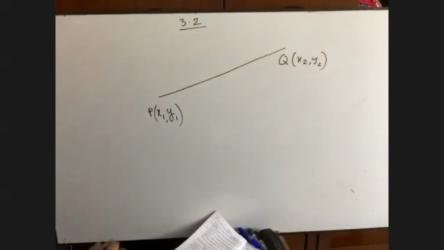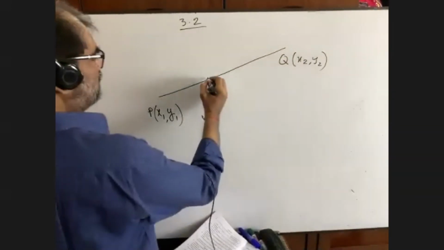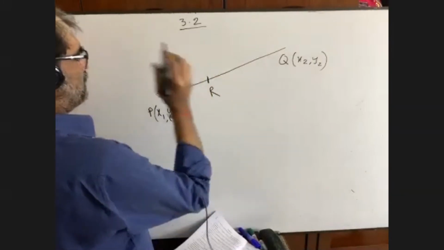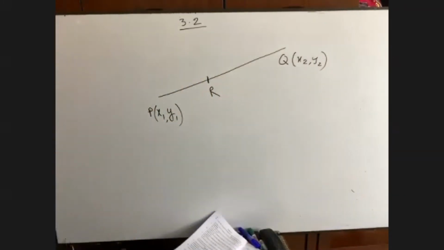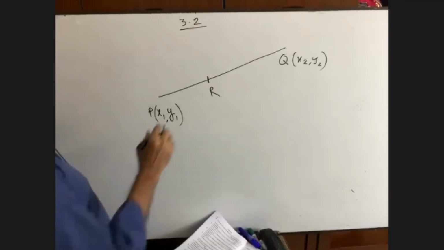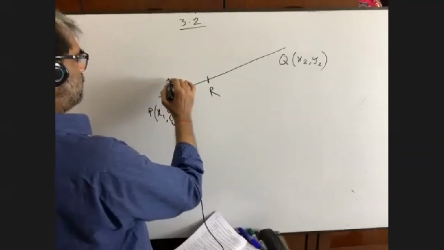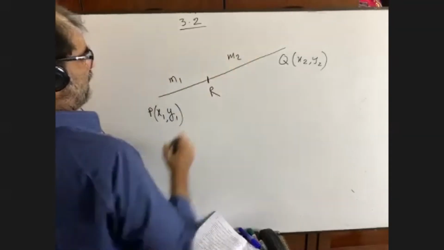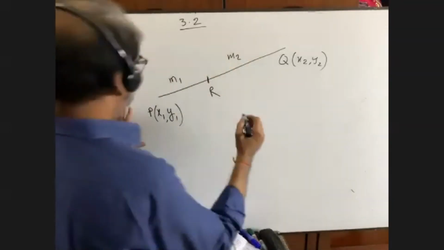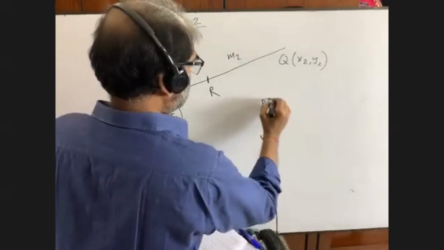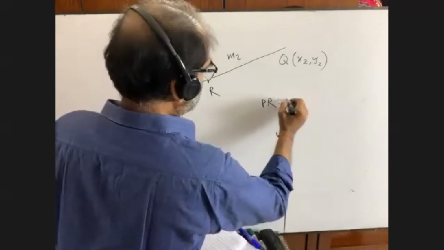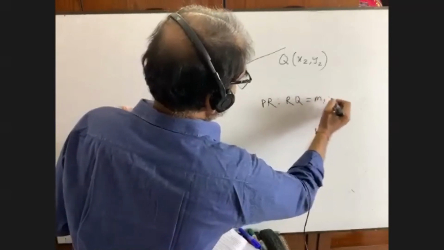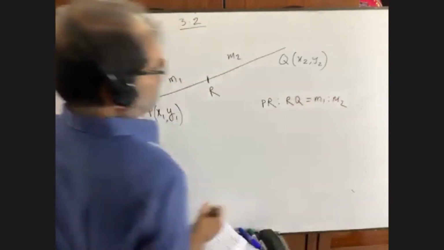PQ is divided internally at the point, suppose R. Condition provided, the ratio is M1, M2. It means you have to mention always PR is to RQ is equal to M1 is to M2.